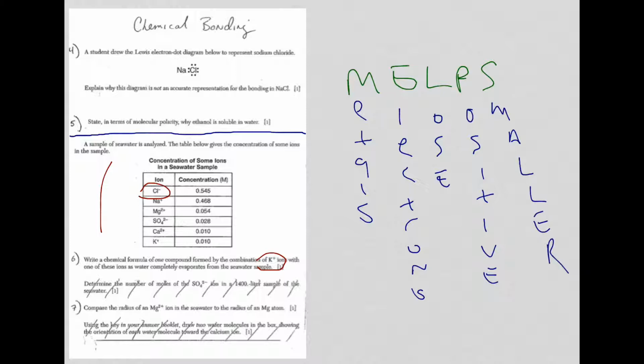So MELPS is a made-up word, but it says metals, electrons lose, positive charge, and smaller. So the radius of a magnesium 2+ ion is smaller than the radius of a magnesium atom.